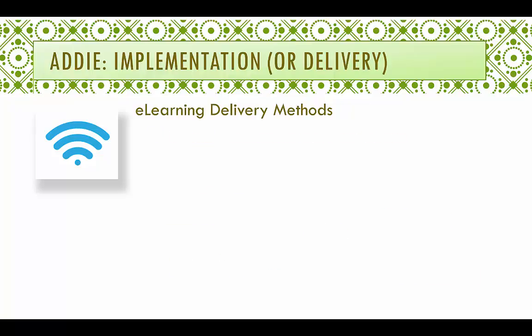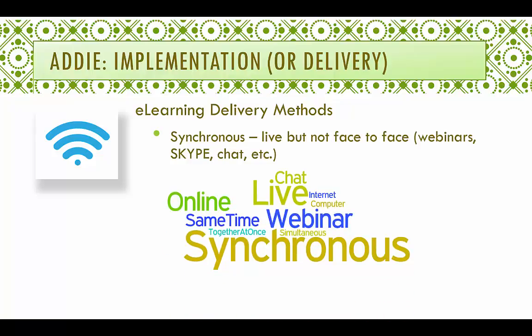The word synchronous has come to mean that the instruction is live but not face-to-face. In a synchronous model, students are separated by distance, but they interact together at the same time. Technologies that support synchronous interaction include Skype, live chat, phone communication, webinars, and so on.